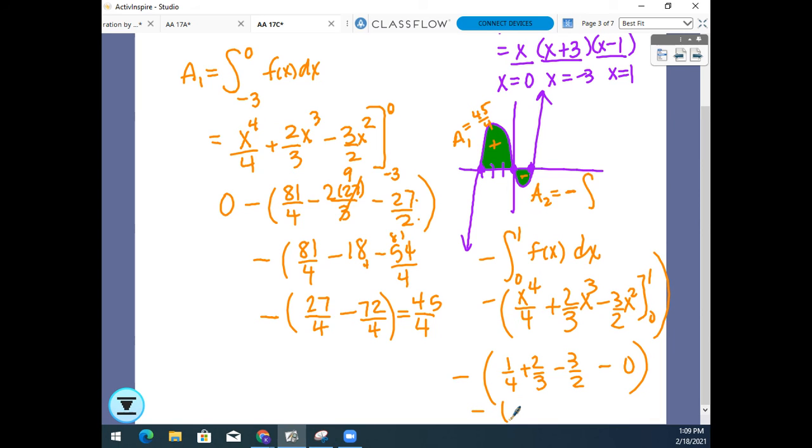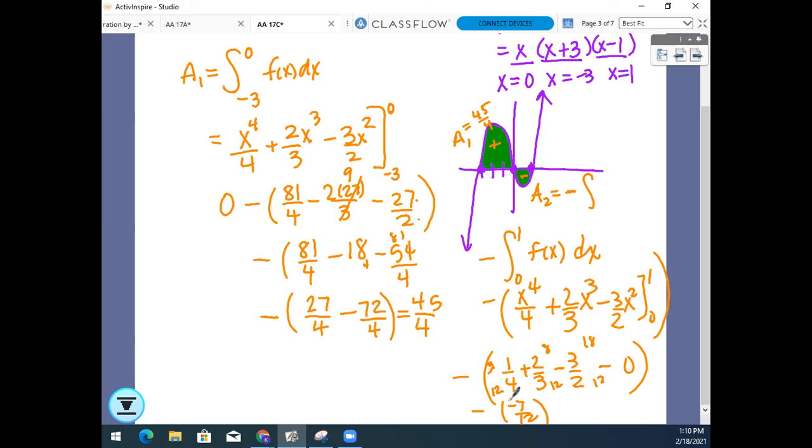All right, so let's make this 12ths. So this will be 3/12. This is times 4, 8/12. And this will be 6, 18/12. So 3 plus 8 is 11, minus 18, negative 7/12.